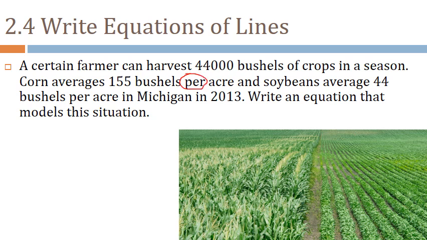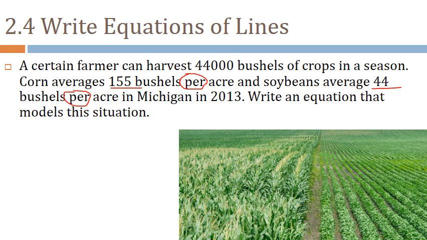This word per indicates that the number before it is a slope. So those are slopes defined, so we need to multiply it by our variable to get our total.